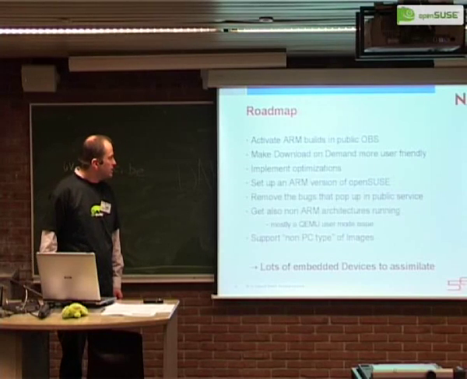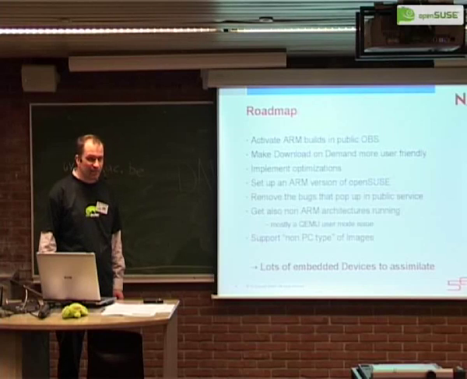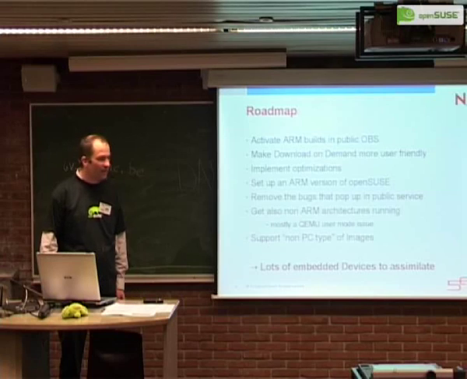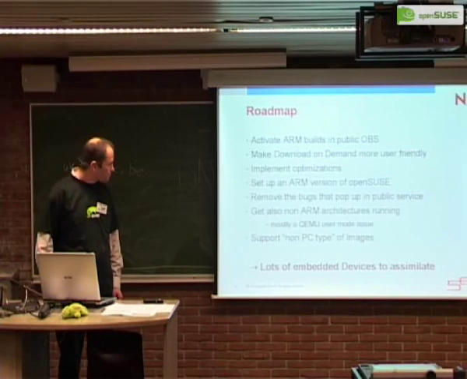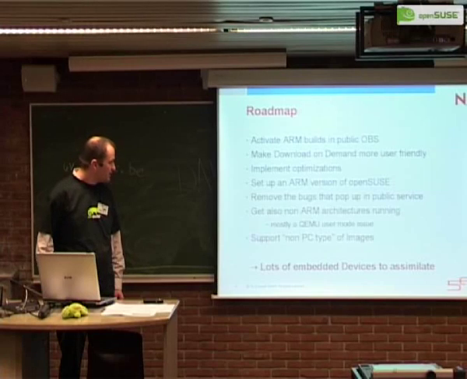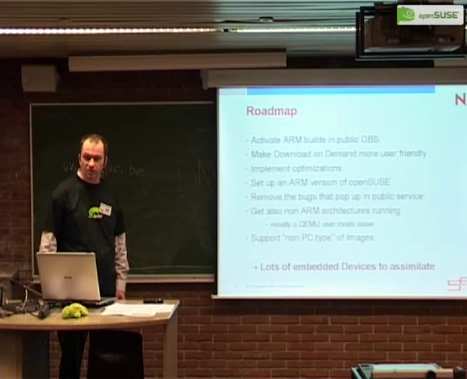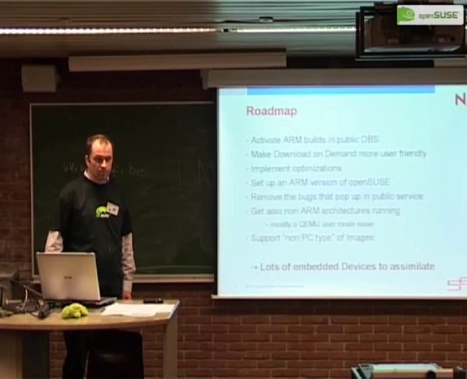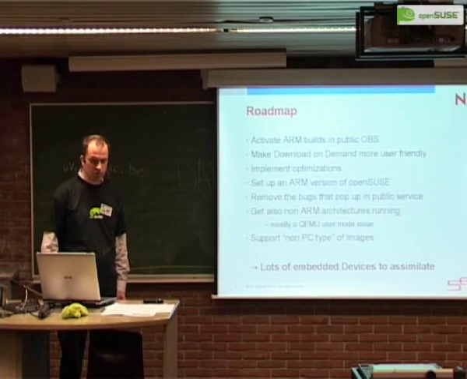Download on demand is a little bit error prone at the moment, so you need to cross-check all the time to make no errors. So we want to improve the user-friendliness of this. You can also use that not only for cross-build, that's for sure. If you have a smaller build service and don't want big copies of all the Linux distributions, you can also use this for x86.